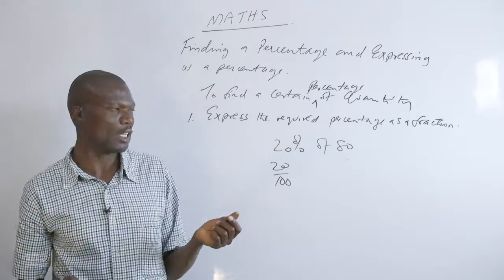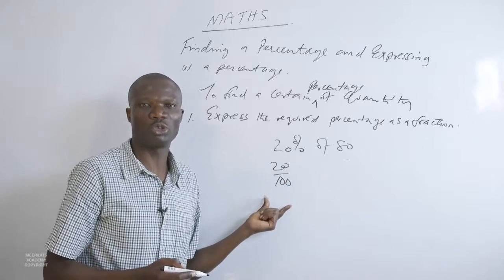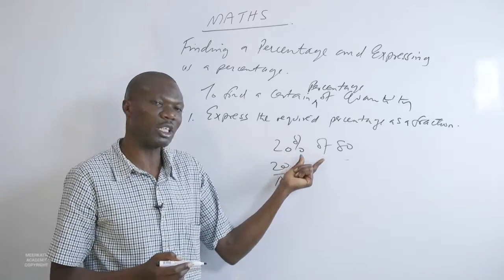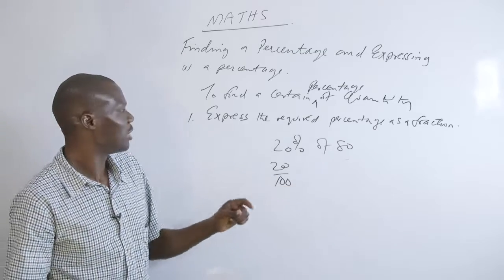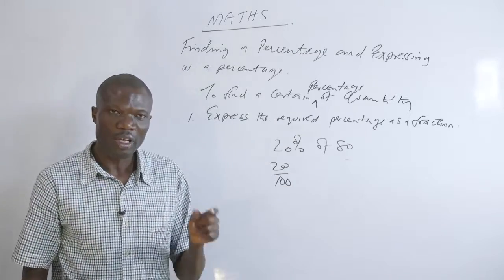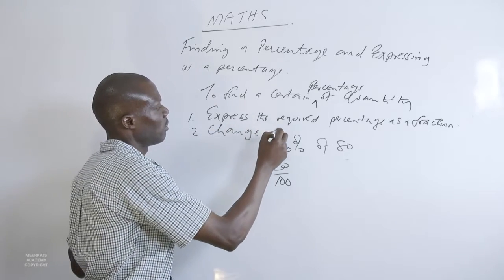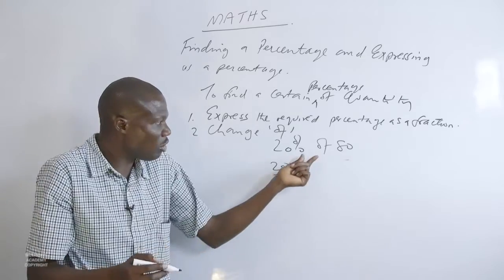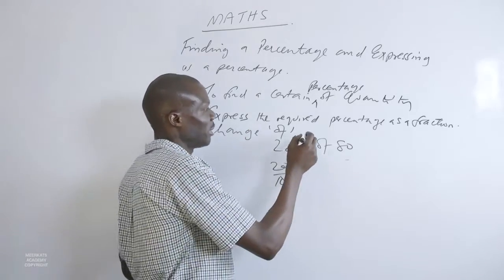And then they said of what? Of 80. 20%, we have shown as a fraction. But 20% of what? Of 80. So change the word 'of' here into a multiplication sign.